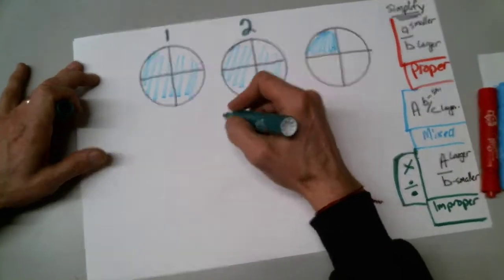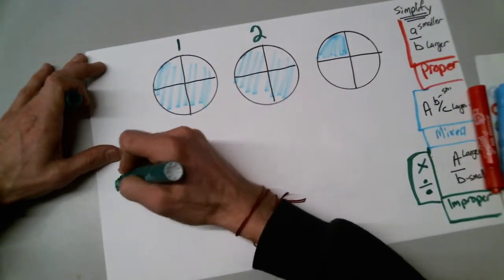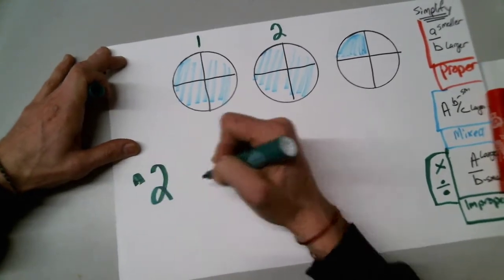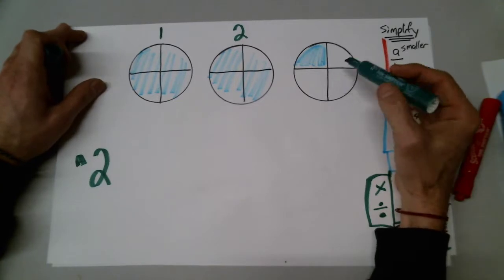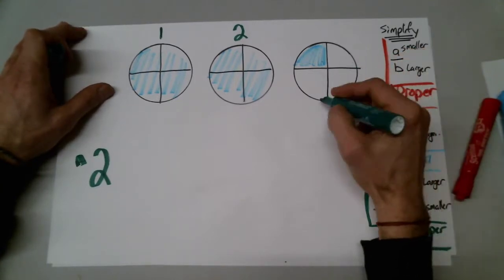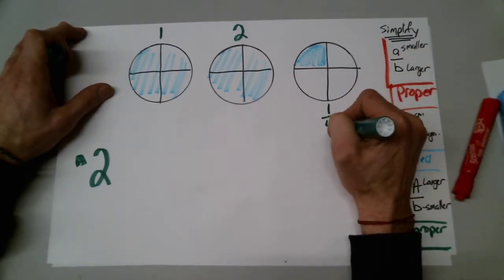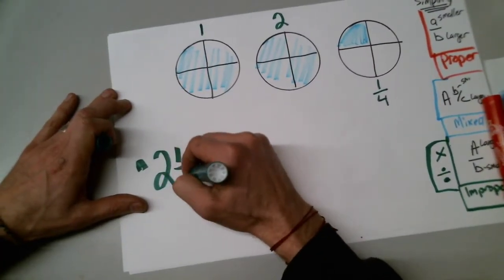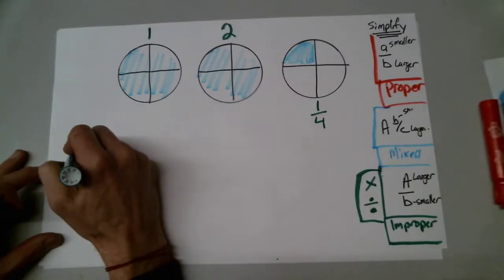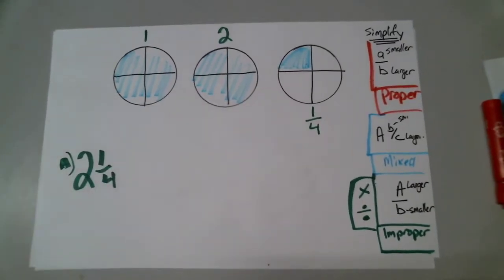That's a whole. So in this one, I have 2 wholes. And what fraction of the 4th pizza do I have? I have 1 out of 4. I have 1/4. So what I get here is 2 1/4.